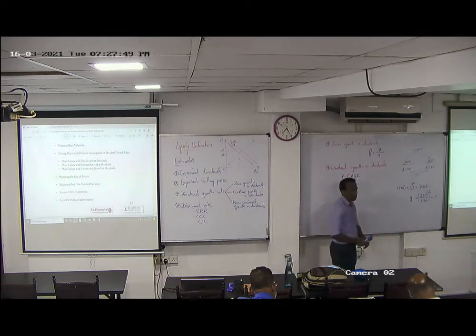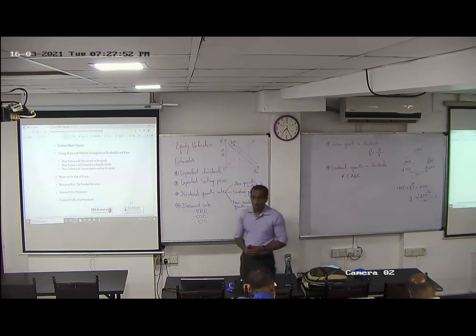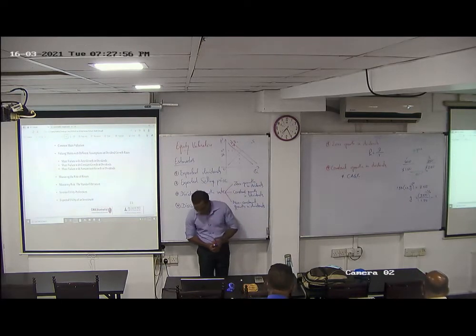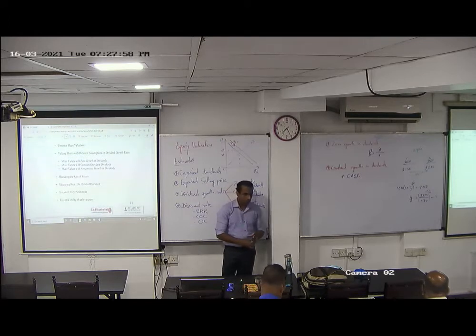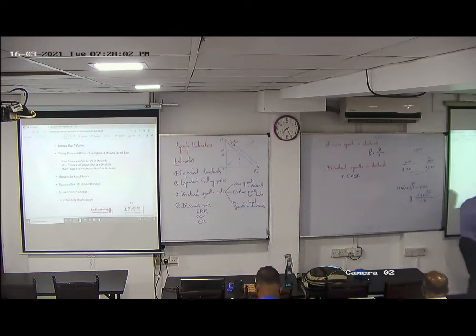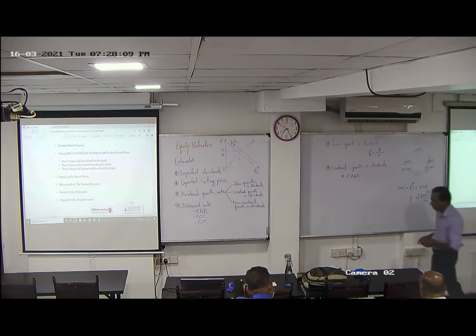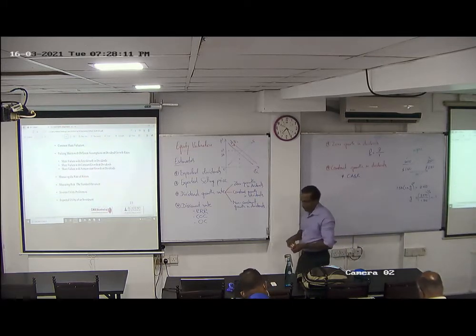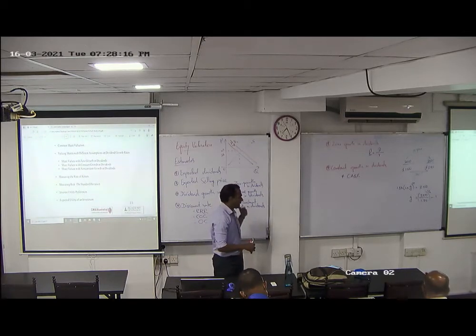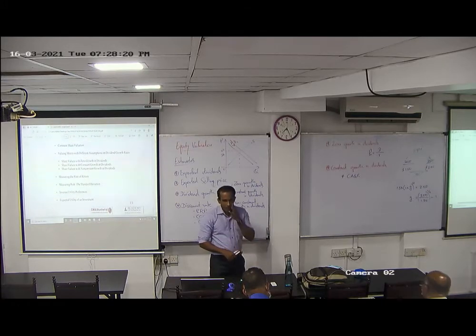So that is one method to estimate the growth rate, CAGR. It is a very commonly used approach to estimate the constant growth rate, which shows the recent trend in the company's dividend.